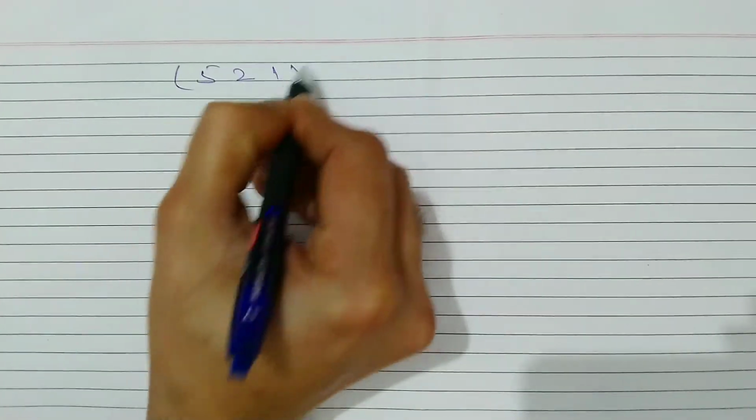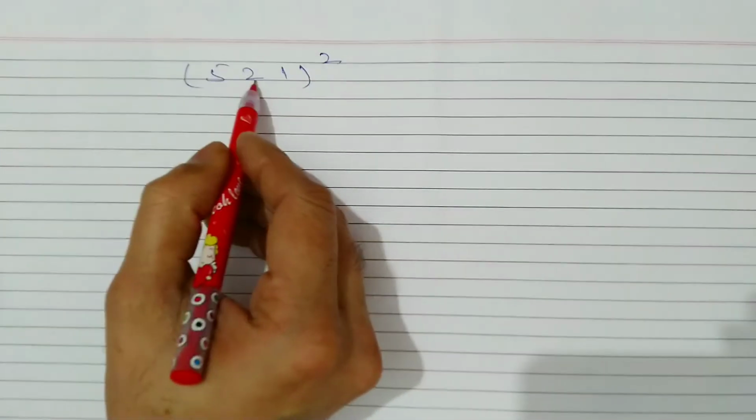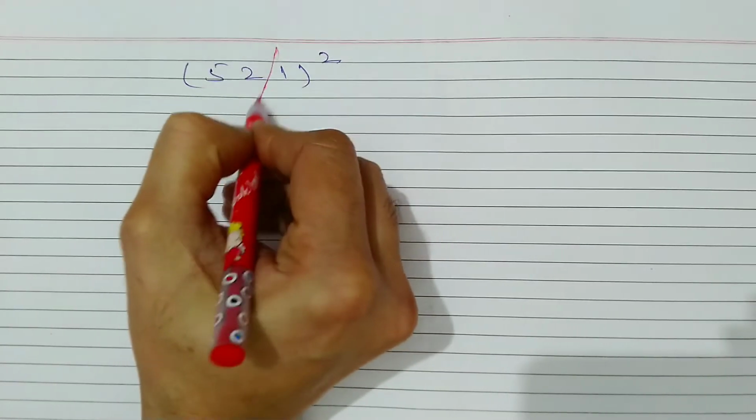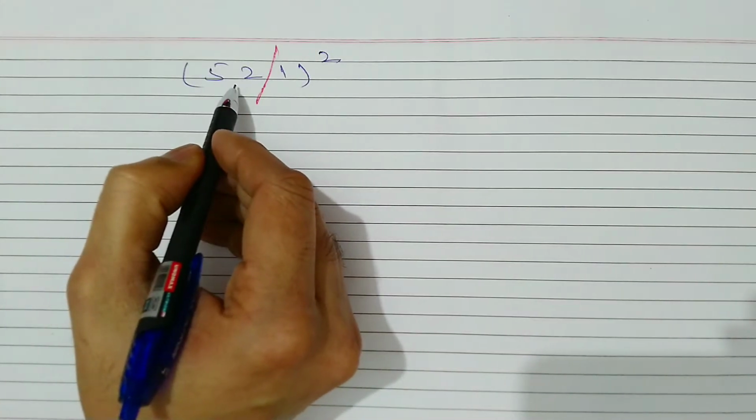Now practice some triple digit numbers. Find the square of 521. Divide the number of digits into two groups. Now the square of 52.